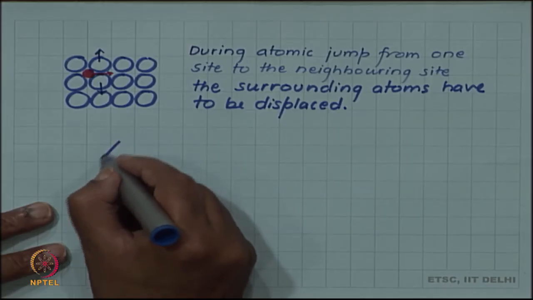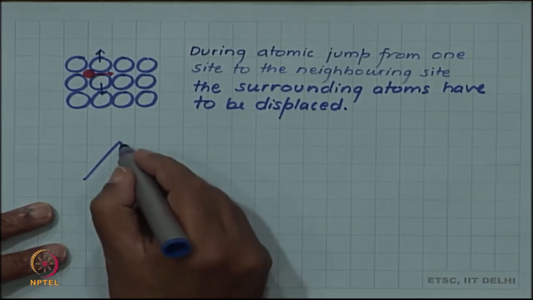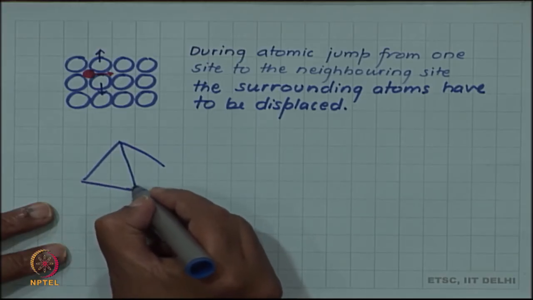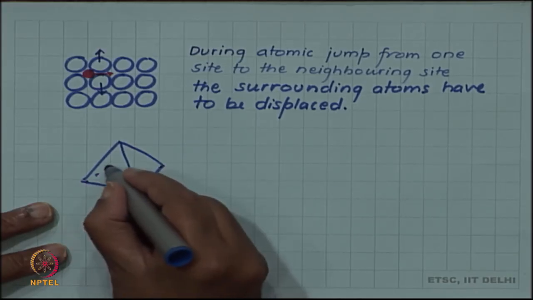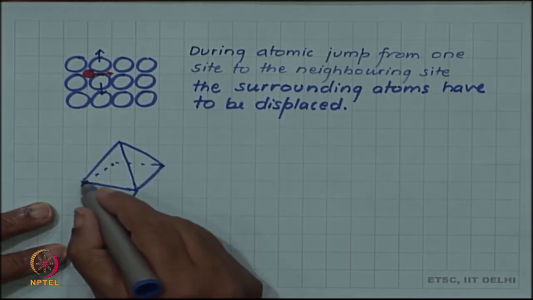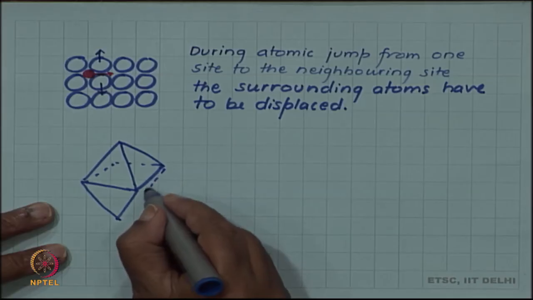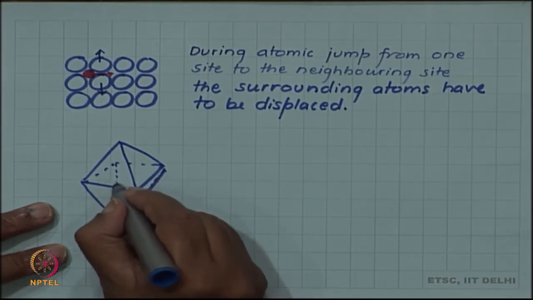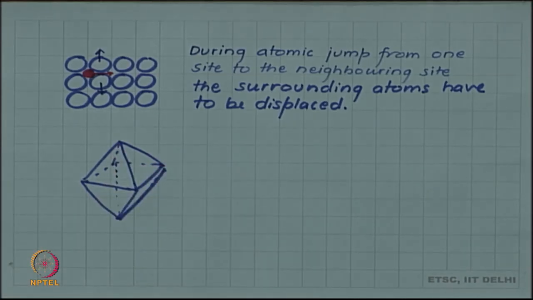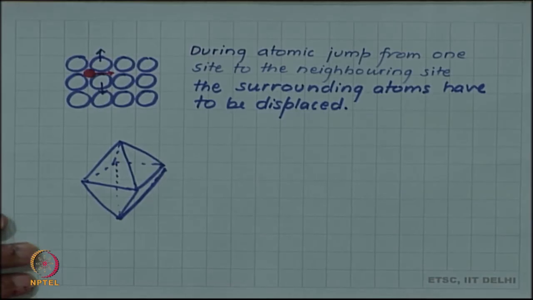Let me try to draw a schematic of an octahedral void. So, it is made up of 8 triangular faces like this, and there are 6 atoms sitting at the 6 corners.